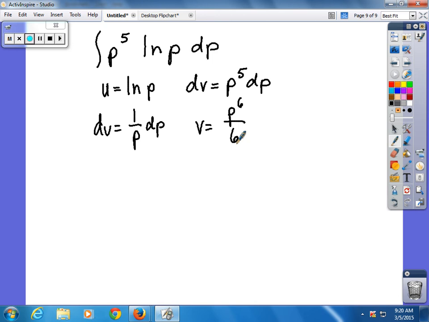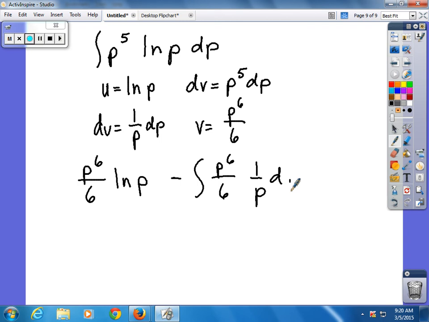Let's see, P to the sixth over 6, natural log of P, minus the antiderivative of P to the sixth over 6 times 1 over P dP. Do a little bit of cleaning up.